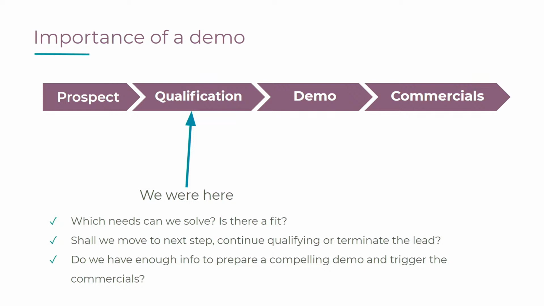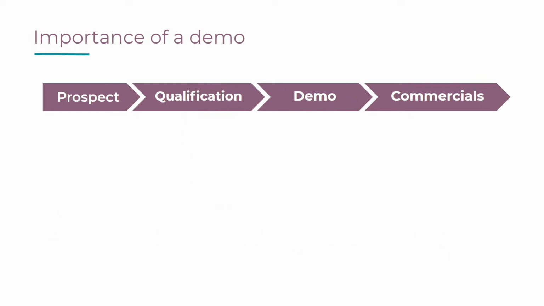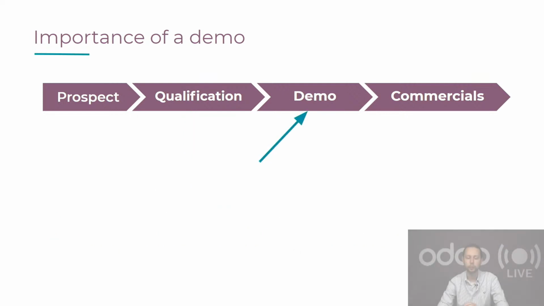After that, normally, we reach the commercial zone, where we negotiate with prospects or customers a potential contract, a renewal, or an upsell of users and modules. In the previous presentation, we mentioned which needs we can solve, how we move to the next steps, and how we collect all the relevant information that you can use to prepare a tailored demonstration. Okay?